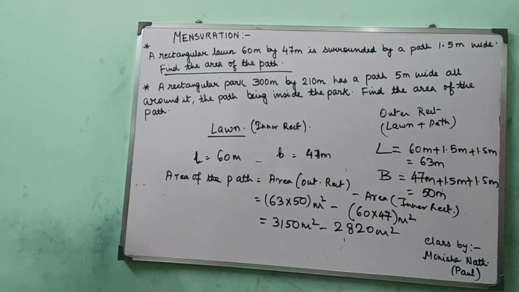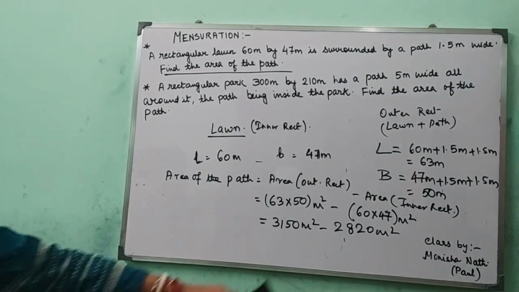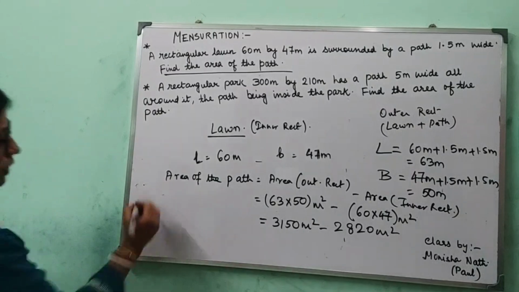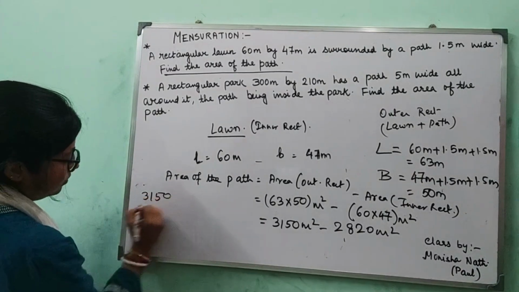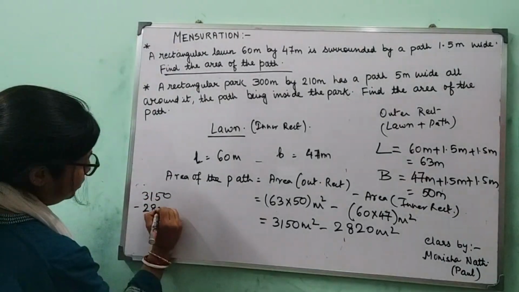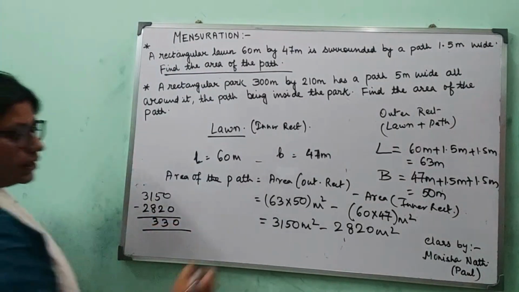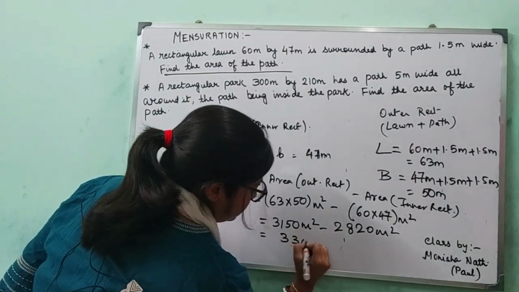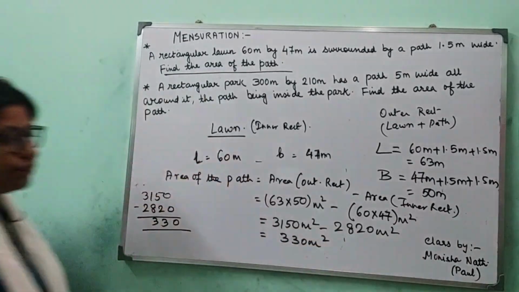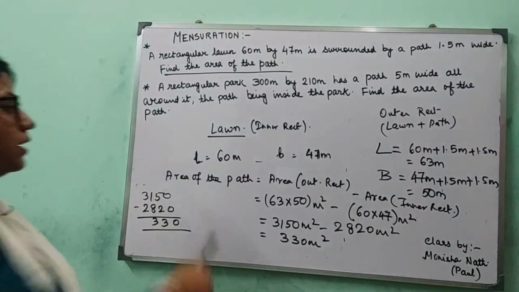The area of the outer rectangle is 3150 and the area of the inner rectangle is 2820. Now the difference we'll find out: 330 meter square. That is the area of the path.